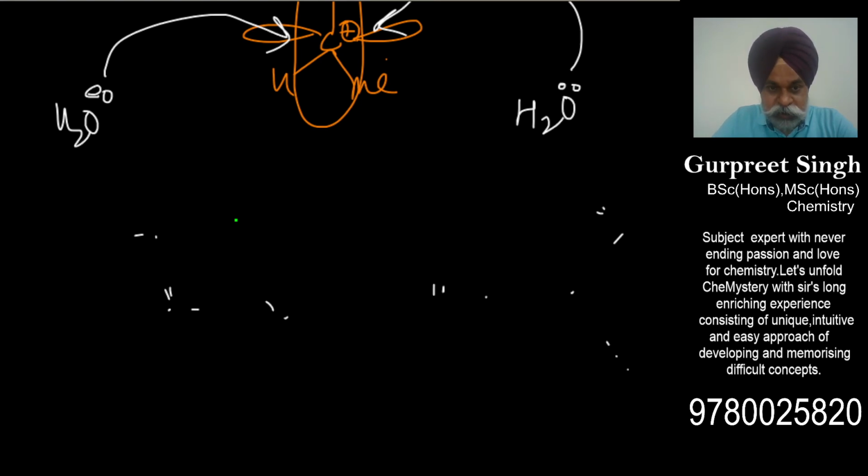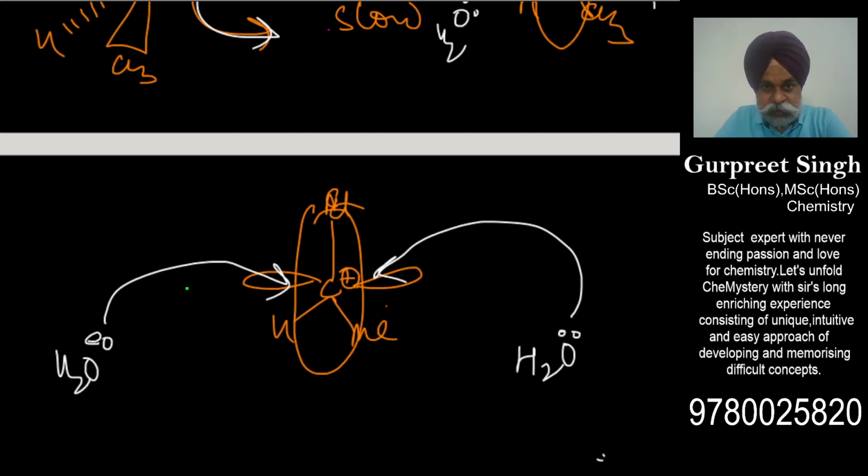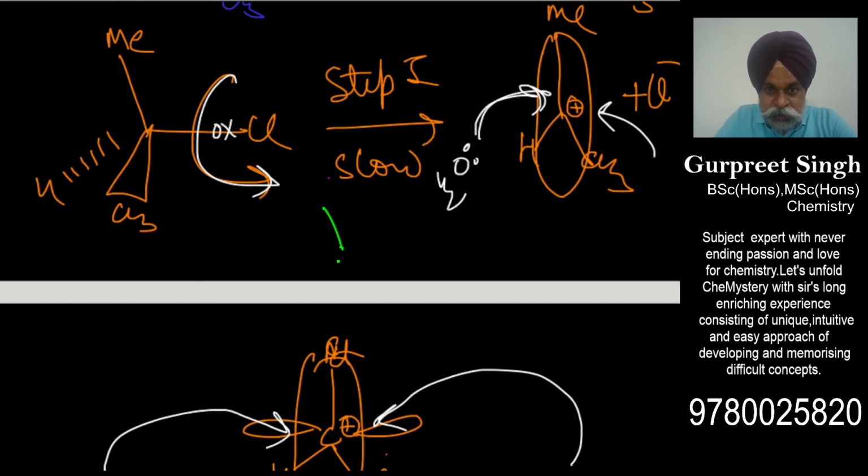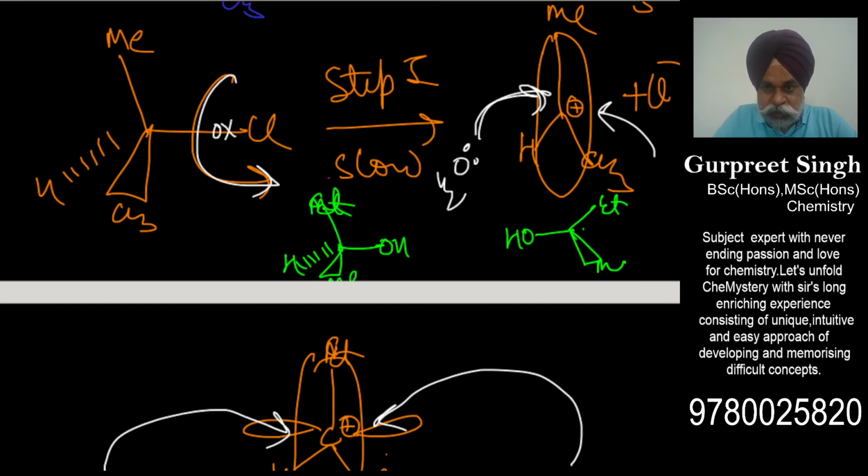You would get methyl and ethyl, with H, and here you get OH, or you would get the other one, with ethyl, methyl, and H. So both are formed, that is, retained geometry as well as inverted geometry.